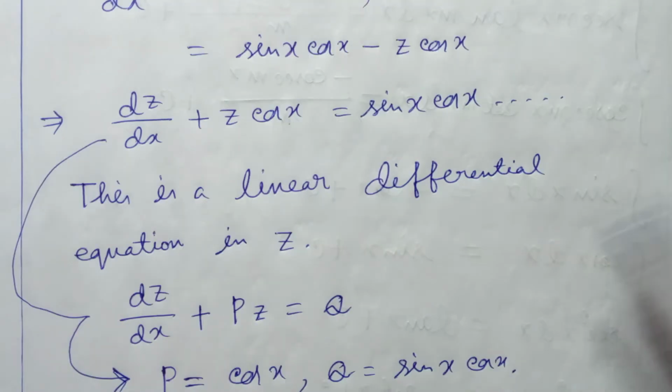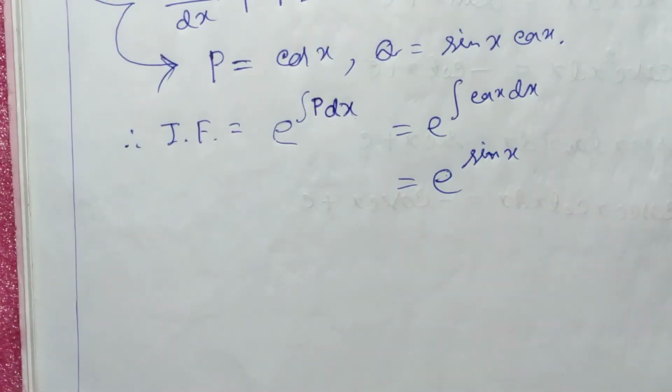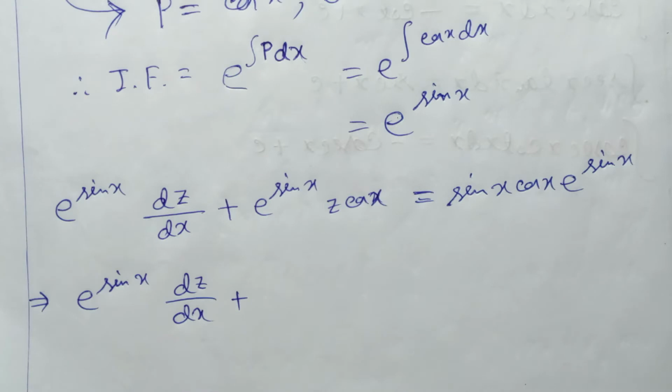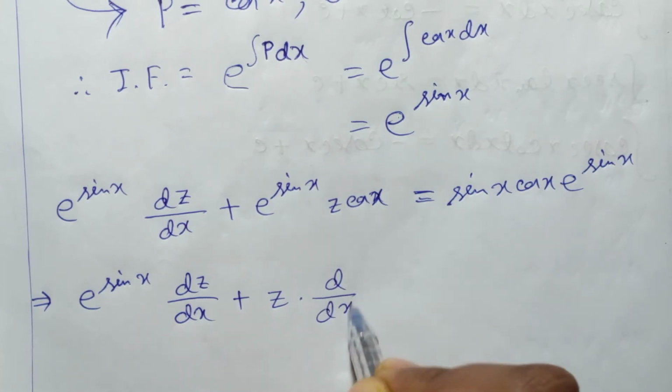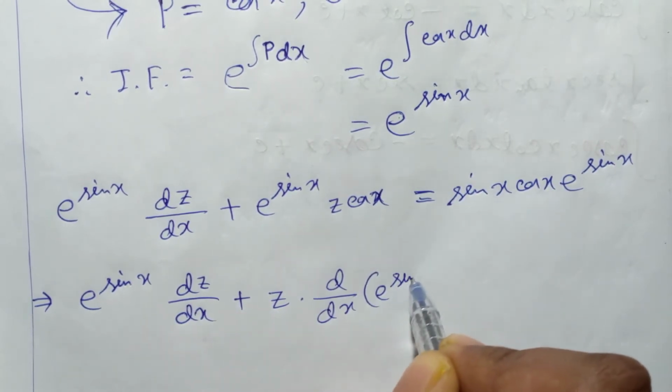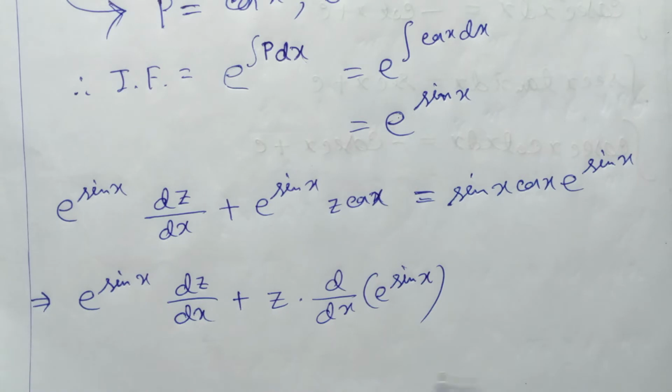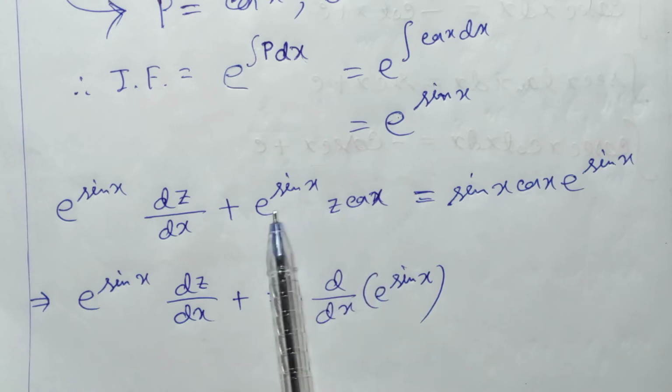Multiplying both sides of this equation with this integrating factor we get, from this equation, we can write d by dx of e to the power sin x in the place of cos x e to the power sin x.